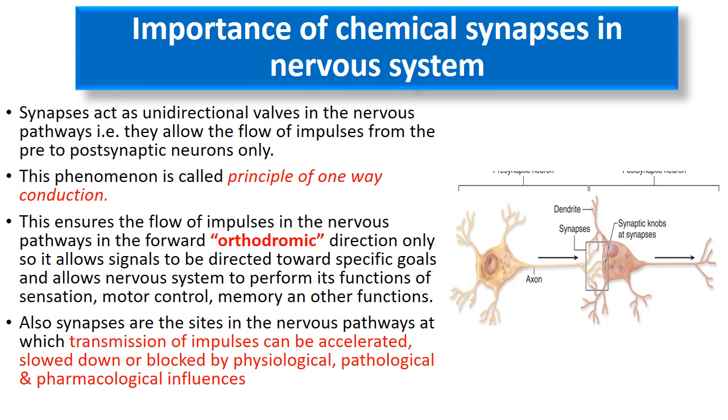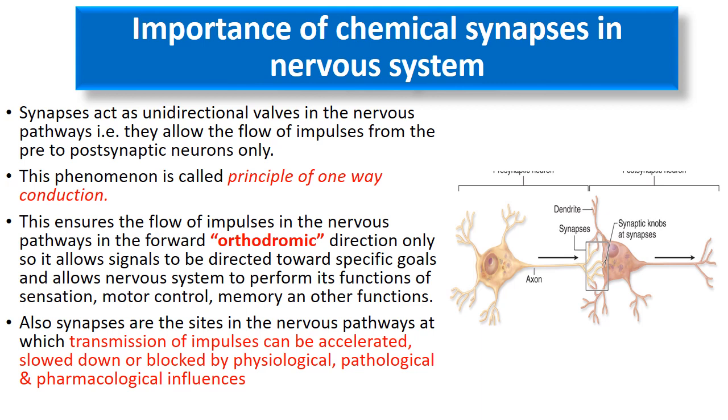To perform a desired function, like sensation, motor control, memory, any function, the impulse must travel in the forward, orthodromic direction from presynaptic towards postsynaptic. These synapses are also the sites in the nervous pathway at which transmission of impulse can be accelerated, slowed down, or blocked.